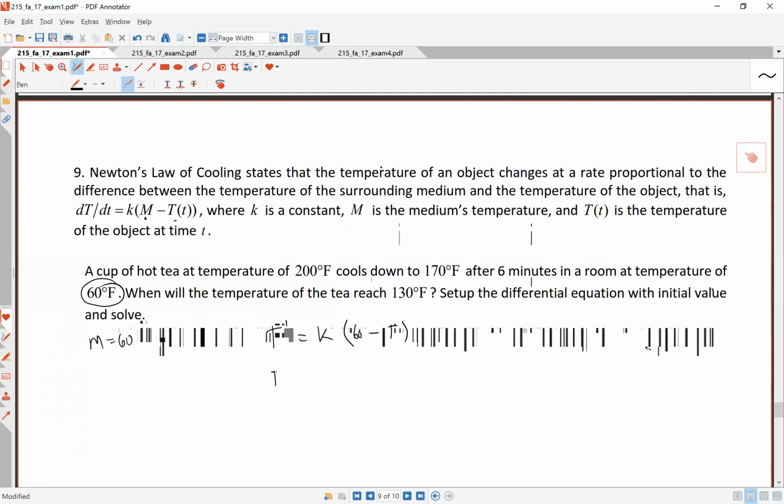We have T prime plus kT equals 60 times k. The integrating factor mu is e to the kt. So we have e to the kt on the left times T, derivative of that. We multiply 60k by e to the kt.